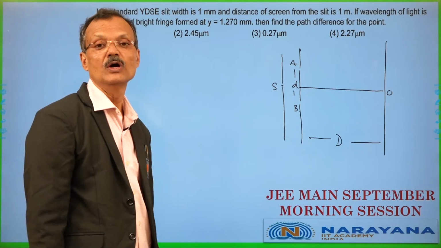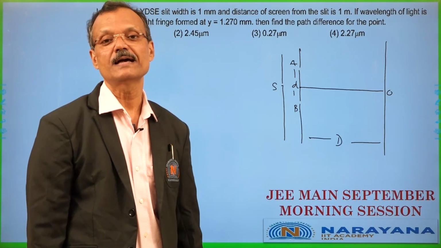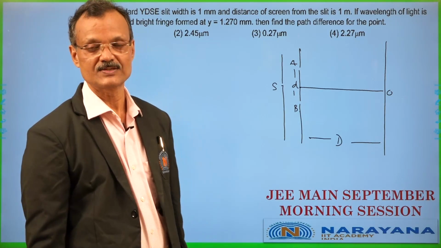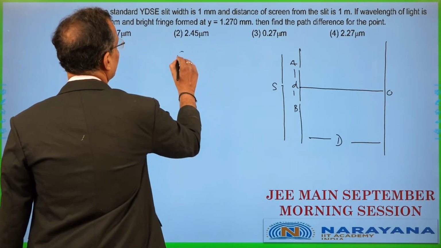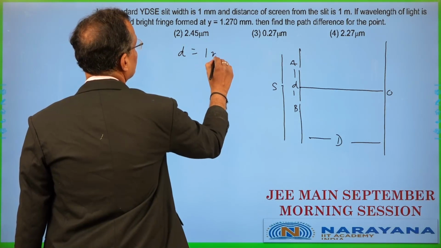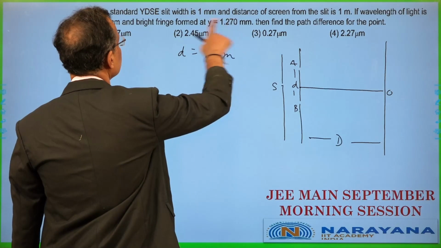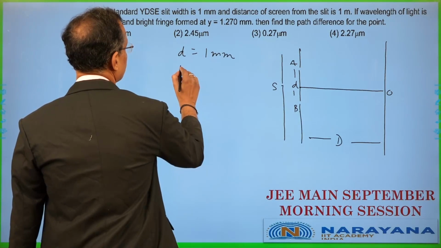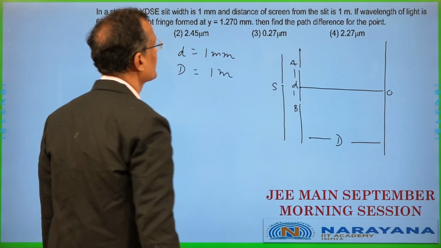As I told you, we have taken these questions from whatever students have memorized and told to us. So this is a small d, small d is 1 millimeter. The distance of the screen from the two slits, capital D, is 1 meter.